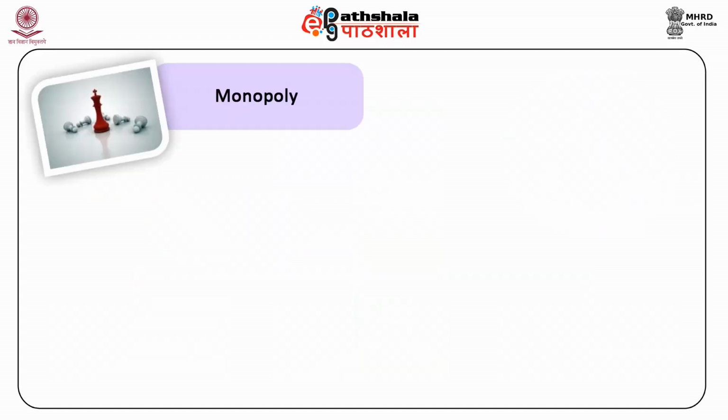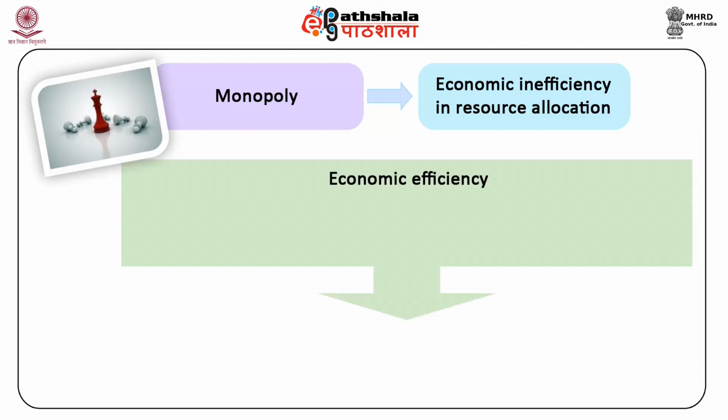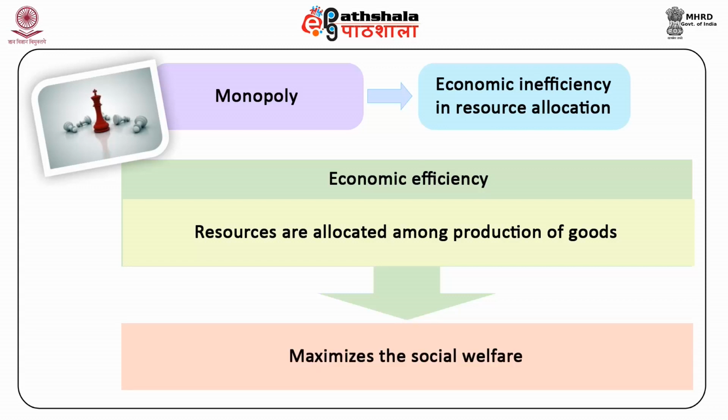Monopoly is often criticized because it results in economic inefficiency in resource allocation. Economic efficiency is achieved when resources are allocated among the production of goods such that it maximizes social welfare.